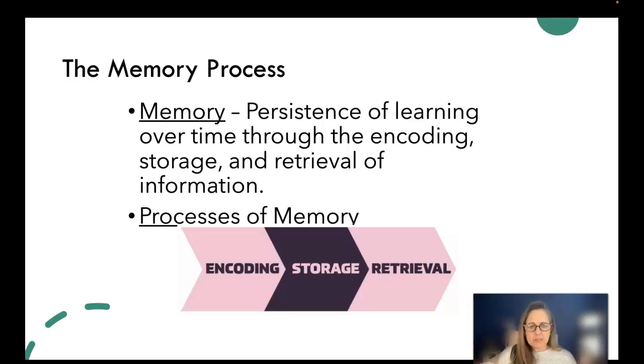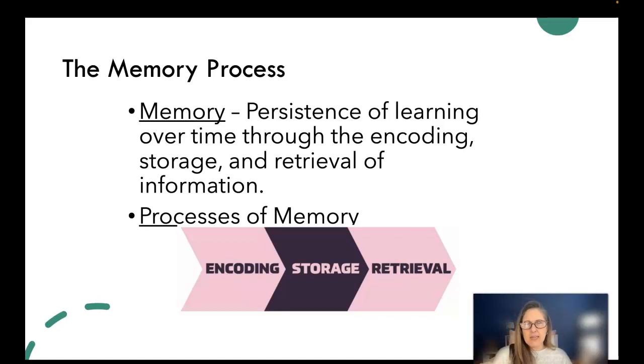So today we're going to talk a little bit about memory in this video, and we're going to look at what we call the processes of memory. There are three basic processes of memory: encoding, storage, and retrieval. And as you think about those terms, you might think, is there another area where we use those terms? In particular, I think the word encoding, but the others as well.